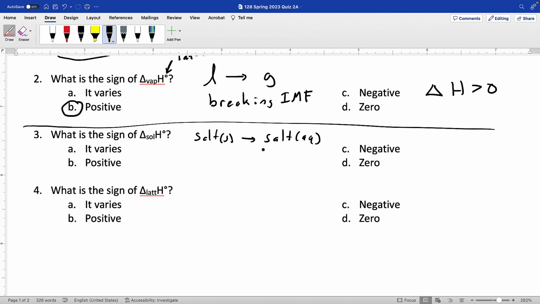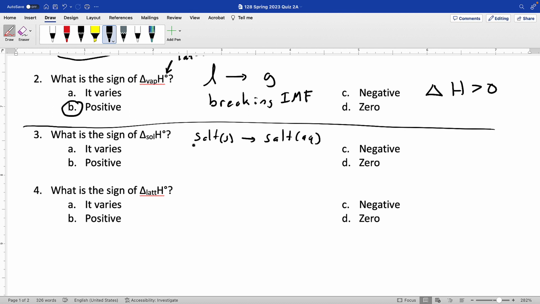We're going to break ion-ion interactions. That costs us energy. But then those ions are going to interact with water. And that's going to be an ion-dipole interaction, multiple ion-dipole interactions, and that's going to release energy. So we have an energy cost, because we're going to break that, and then we're going to have an energy release, which is going to be a benefit. So it's cost benefit, and we don't know the sizes.